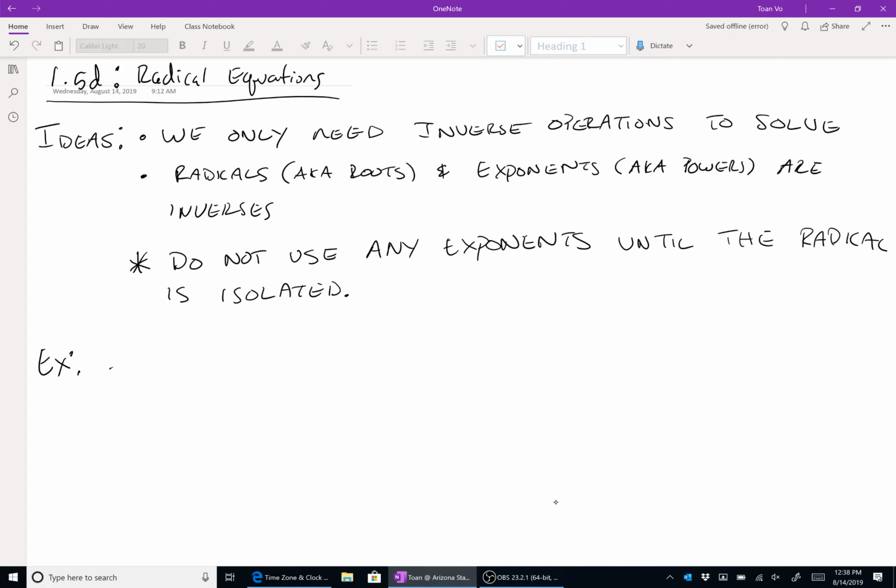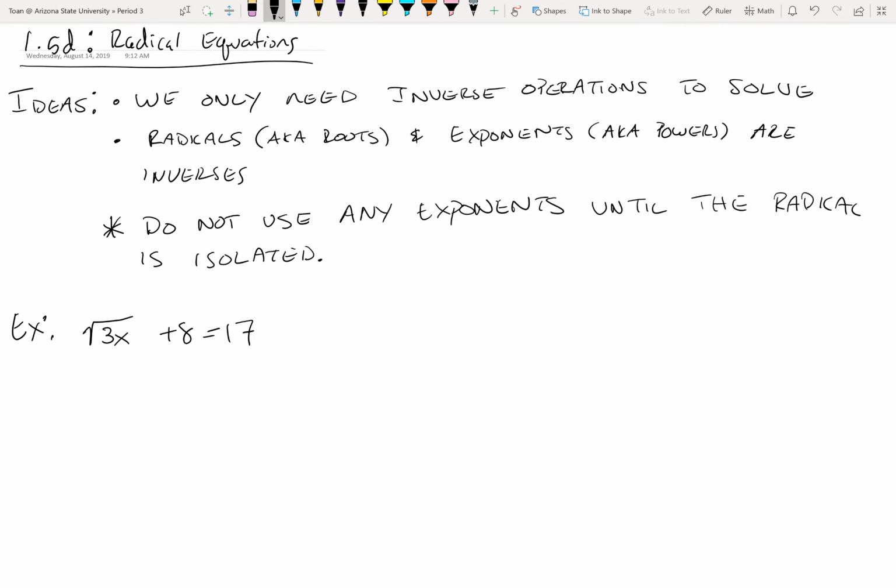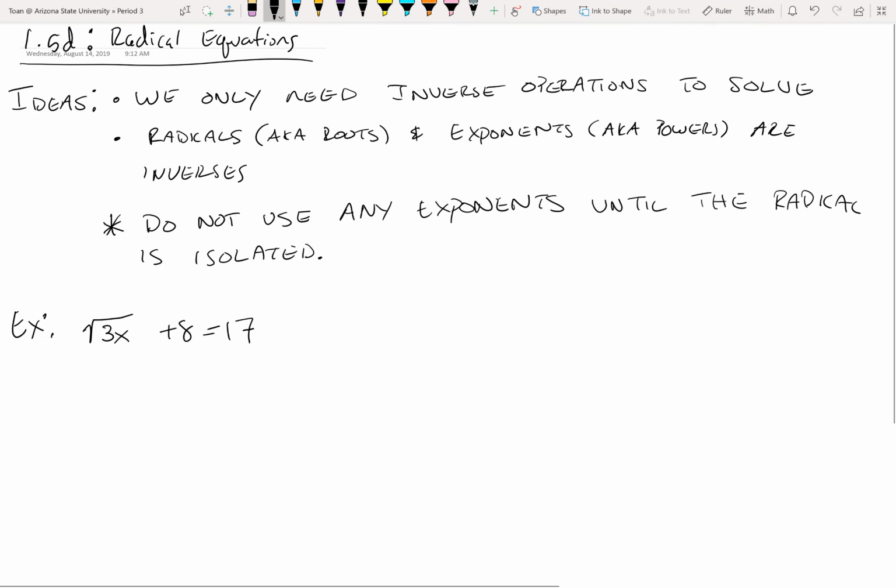Suppose you had the square root of 3x plus 8 equals 17. Now, a novice problem solver would probably think like this. Oh, gee, I see a radical here, so I know radicals and squares are opposites of each other.